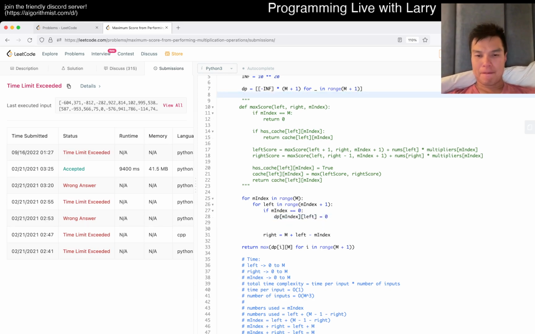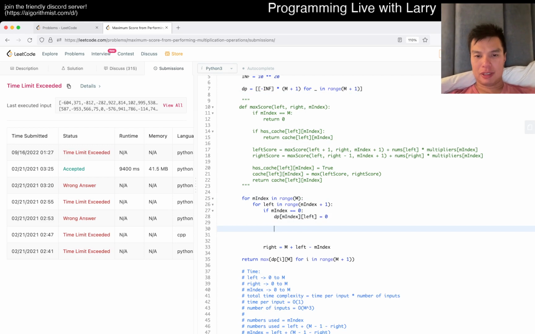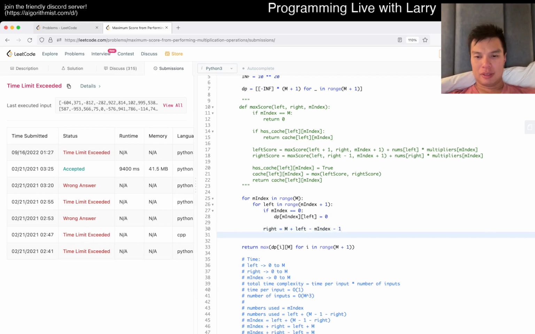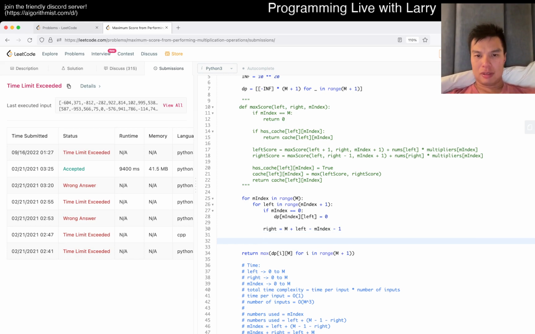So otherwise, -1, I think, +1. dp is equal to max of itself, or I don't know why I did it the other way, actually, now that I think about it.